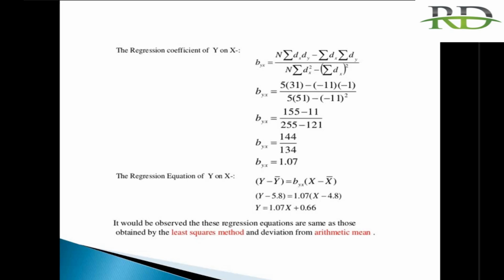Now, if someone from that particular region comes and says I have, say, 50 bigha or 50 acre of area, then what will be the production of the particular crop? So you will be able to tell the person that you will get that much yield because you have the estimates of the coefficient. Just put the value of x as 50 and then you will find the value of y.